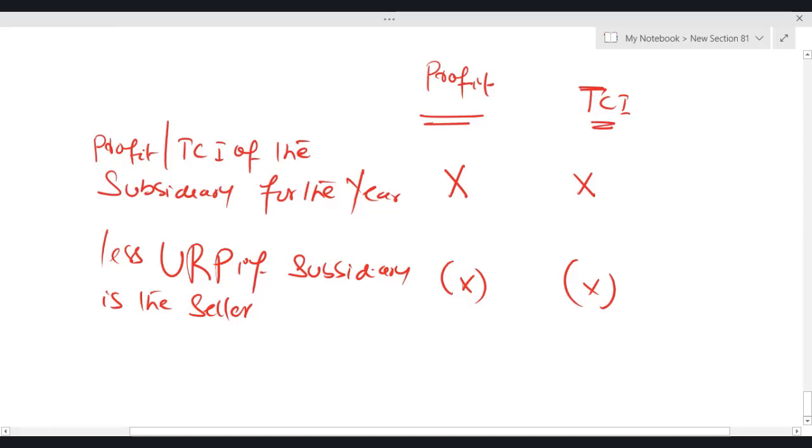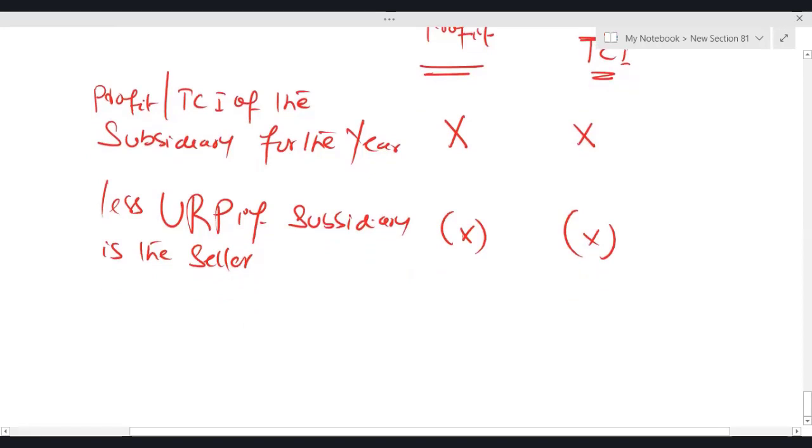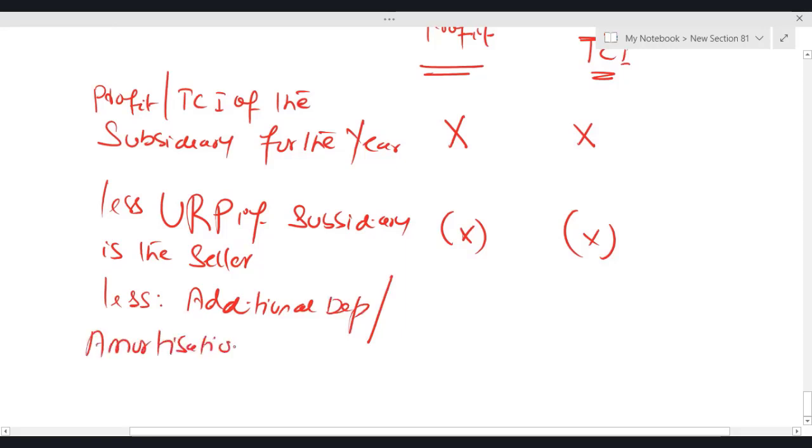Okay. What else? Simply deduct additional depreciation, additional amortization on fair value adjustment.